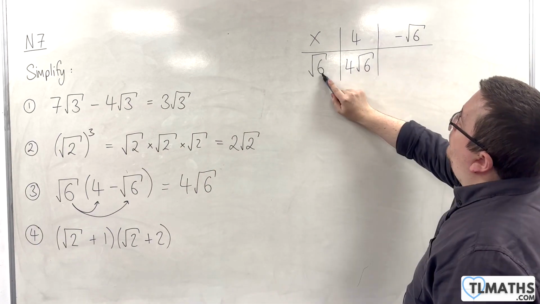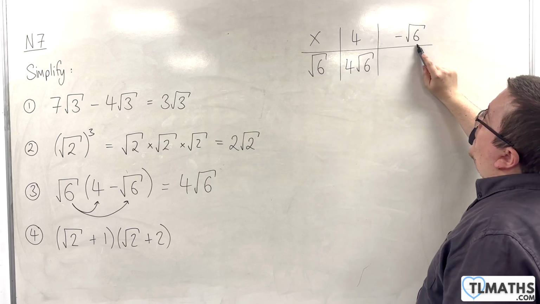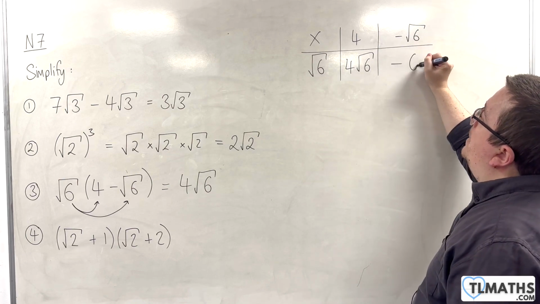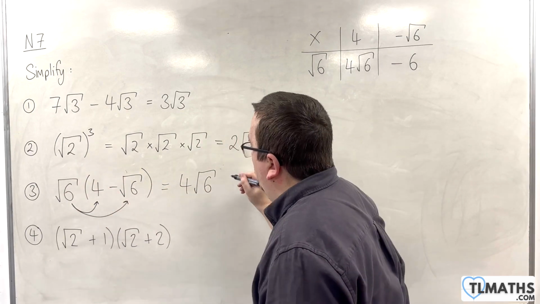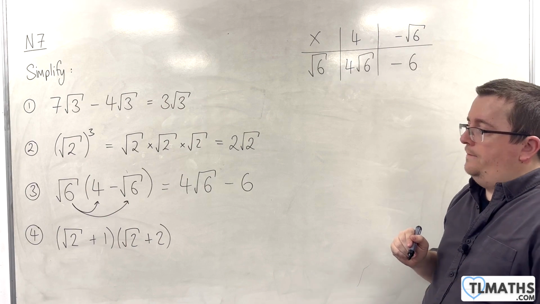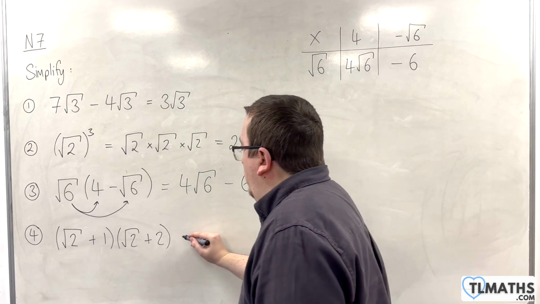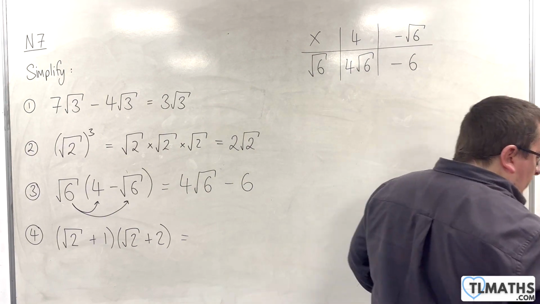And then we've got the root 6 times the minus root 6. Well, we know that root 6 times root 6 is 6, so this would be minus 6. So root 6 times minus root 6 is minus 6.